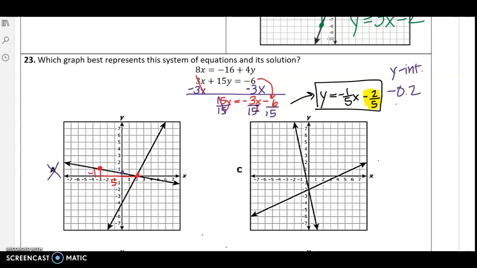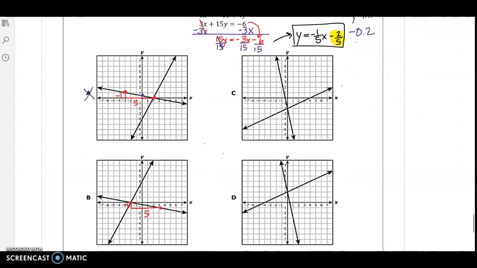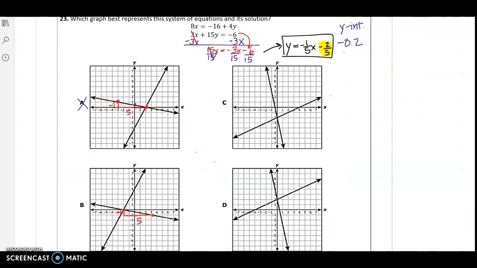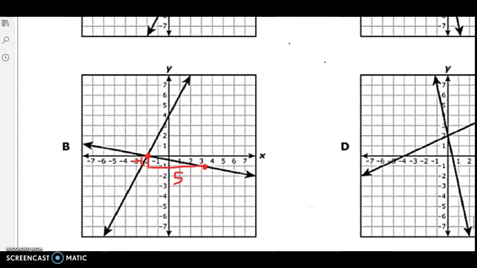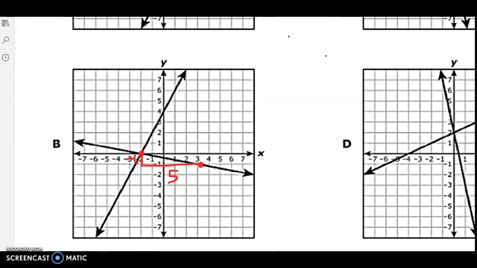It needs to be -0.2. Answer choice C and D do not have slopes of -1/5, but B did. You can see answer choice B had a slope of down 1/5, and the y-intercept is at -0.2 down here. Remember, if it's below the origin, it's negative. So this one was answer choice B.